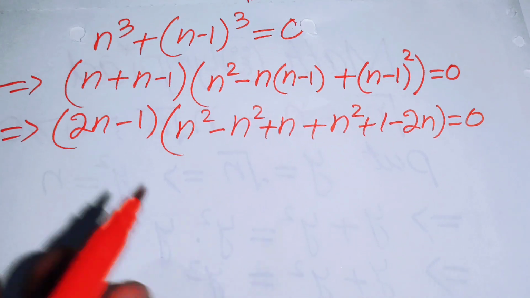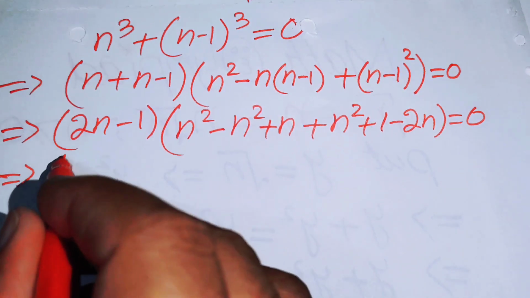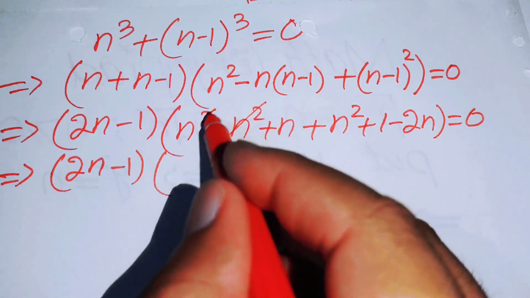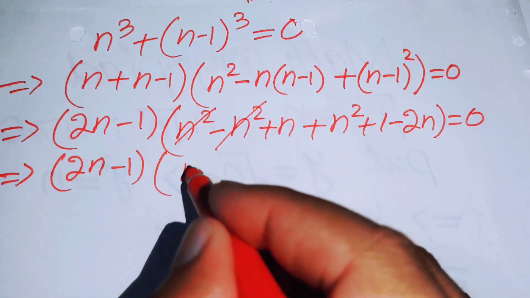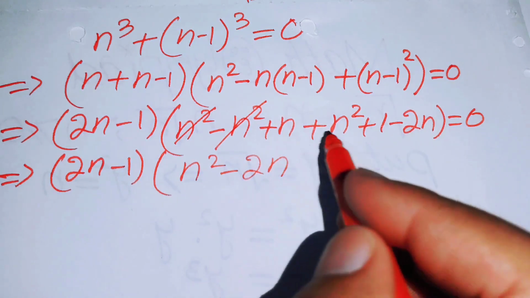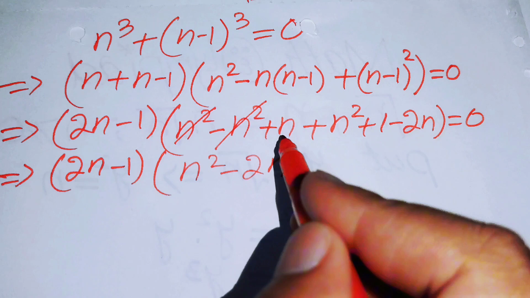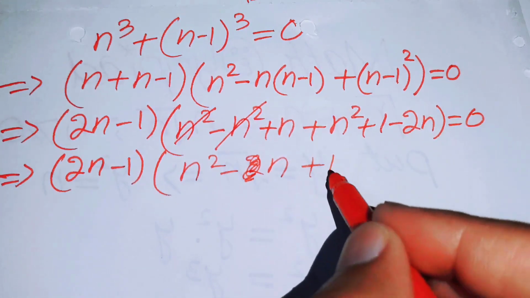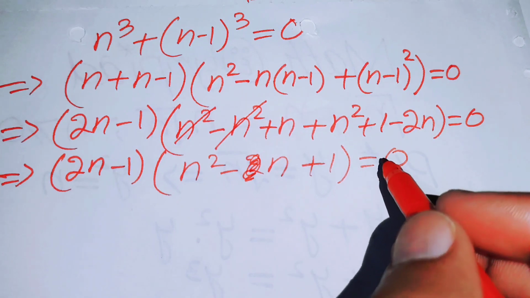Now we simplify and you will get 2x minus 1 into, here you see that these are gone and you get x squared minus 2x plus x, which is minus x, and plus 1 equals 0.